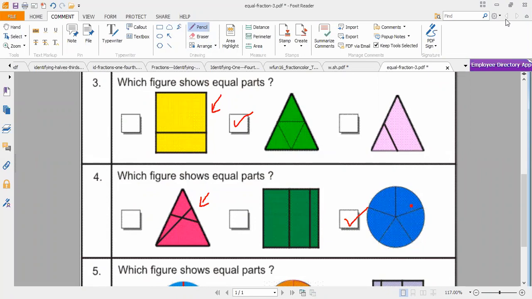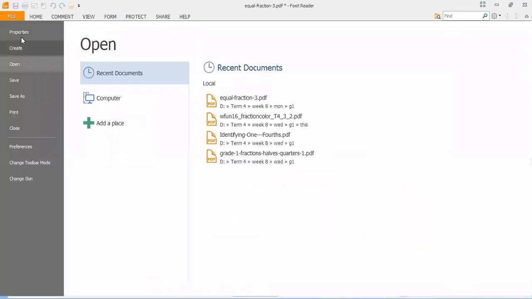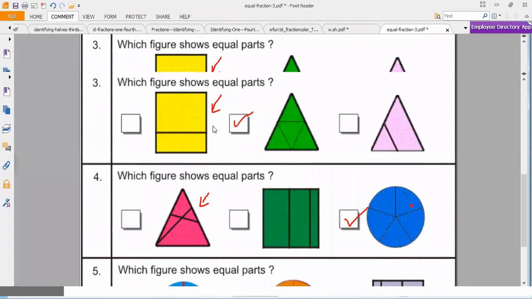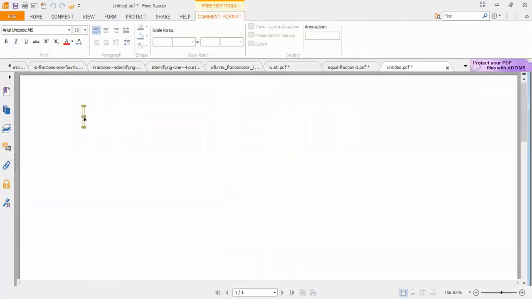Two parts. The halves means two equal parts. Yeah, grade 1. It's important to be equal. Two equal parts.